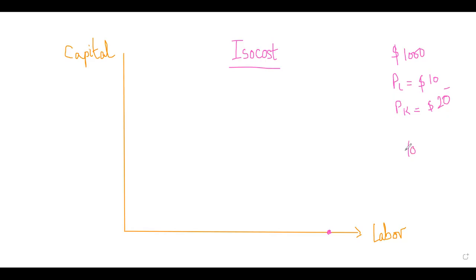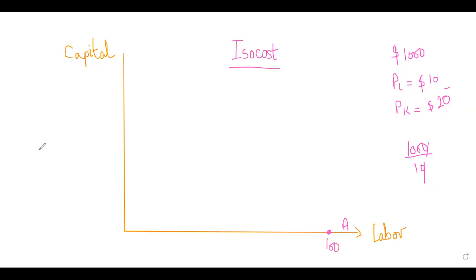That would be 1,000 divided by 10, as simple as that. Each labor unit costs $10, so that gives you a maximum of 100 units. So you can hire 100 units of labor. Am I making sense? If I label this point as A, it shows that the company is spending all of its investment on hiring labor and no investment on hiring capital. That's the first thing that you need to remember.